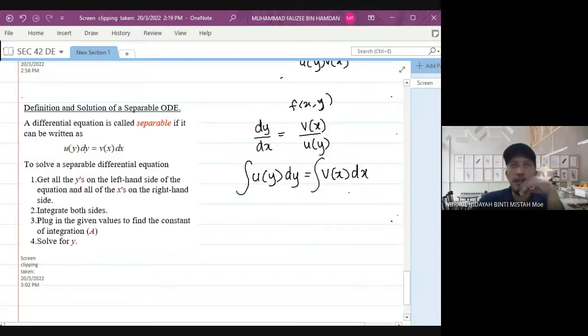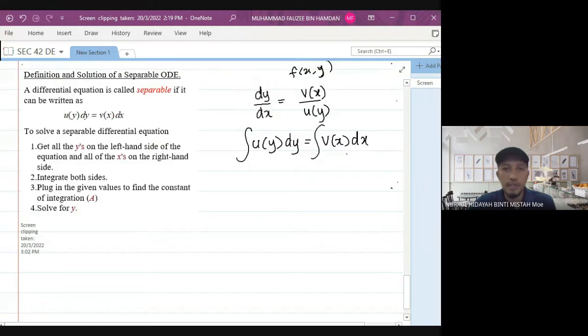Okay, so it's very important to score this subject. You must have strong knowledge about calculus, differentiation and integration. If you still have your books from engineering maths one, better you refer to them again. On the left side we integrate with respect to y, and on the right hand side of the equation we integrate with respect to x.